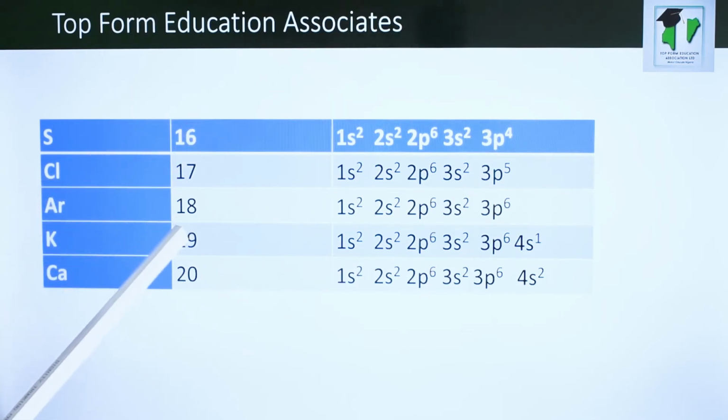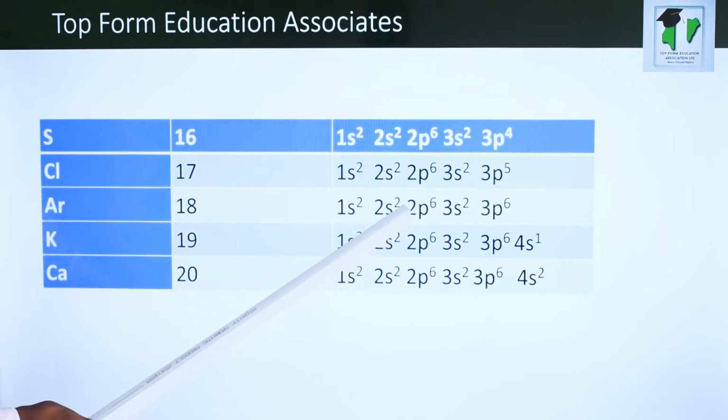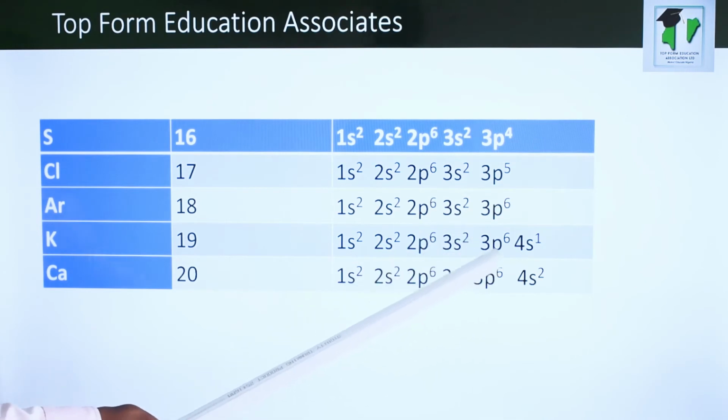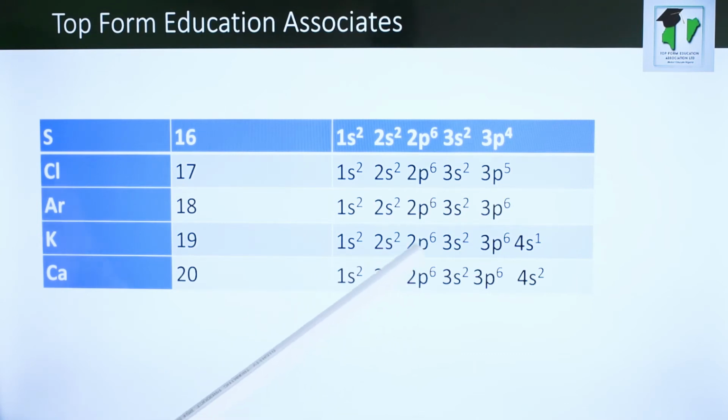Potassium, 19, 1s2, 2s2, 2p6, 3s2, 3p6, and 4s1. Then the 20th element, which is calcium, 20, 1s2, 2s2, 2p6, 3s2, 3p6, and 4s2.